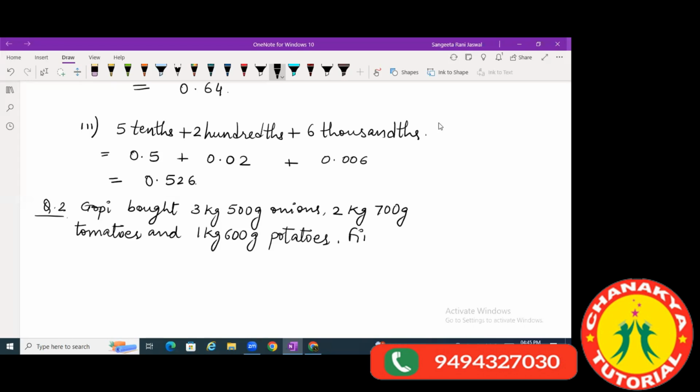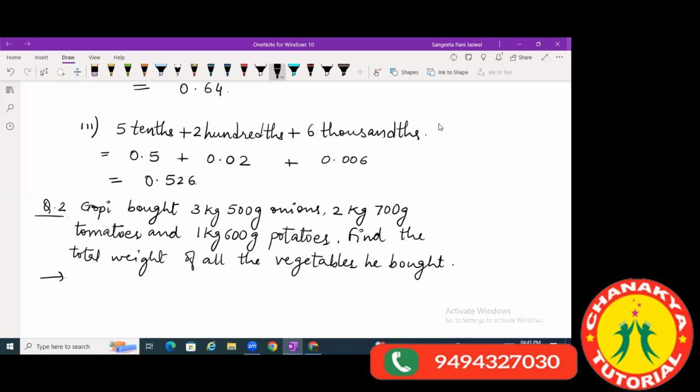Find the total weight of all the vegetables he bought. Okay, you got the question?